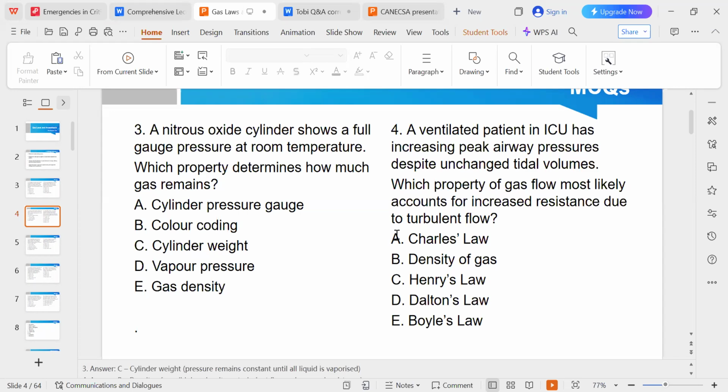Charles' law, density of gas, Henry's law, Darcy's law, Boyle's law. B. B, correct. Density of the gas, correct.